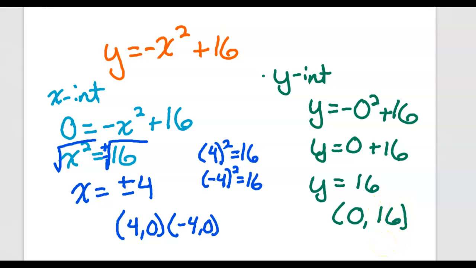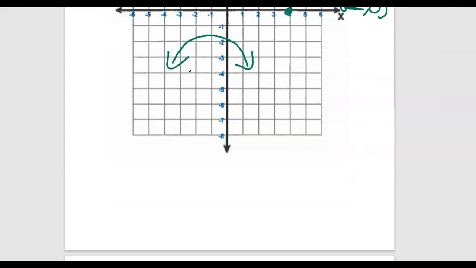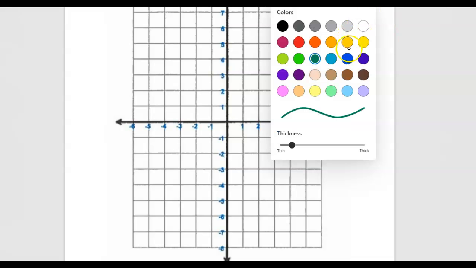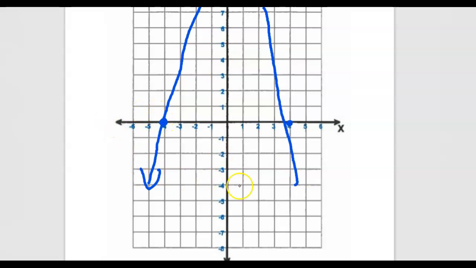Now let's look at plotting these 3 points on my graph. We know that an x squared is a parabola. And I'm going to have a little bit of trouble because my graph does not go all the way up to 16. But that's okay. I have a point at (negative 4, 0) and a point at (4, 0). And this parabola goes way up here and then comes back down here.